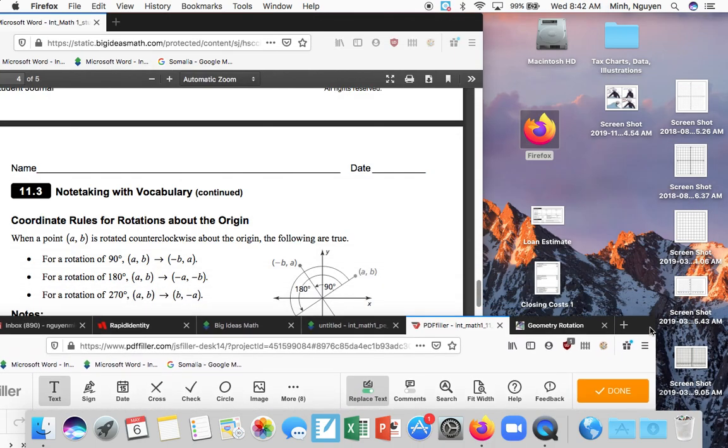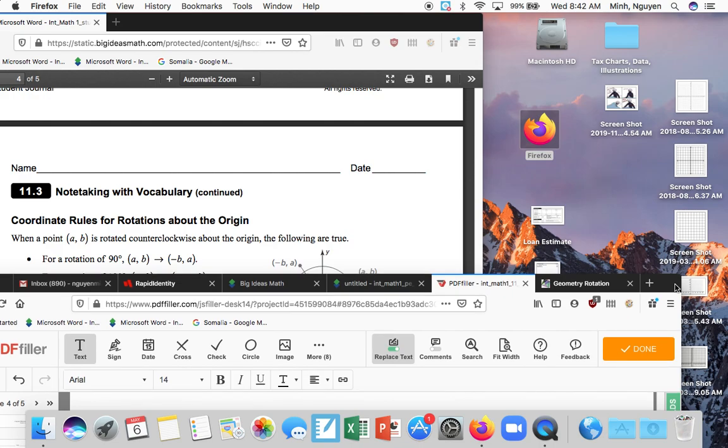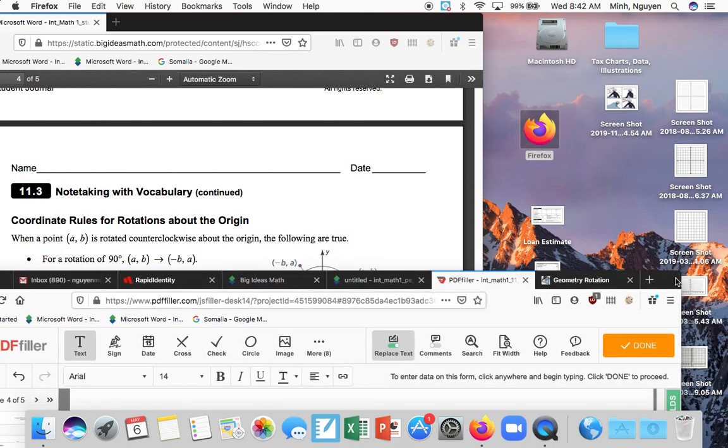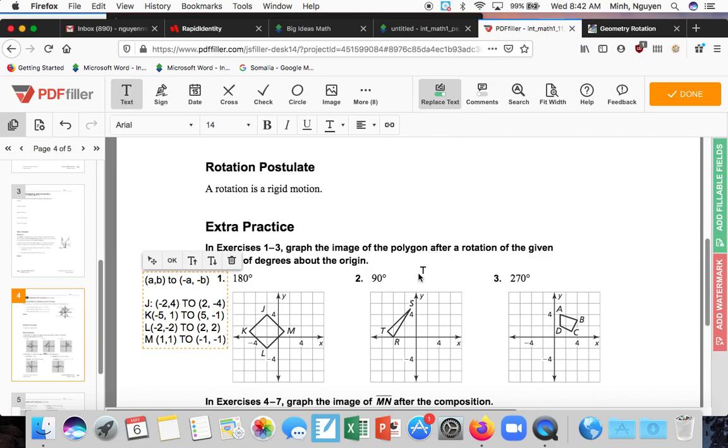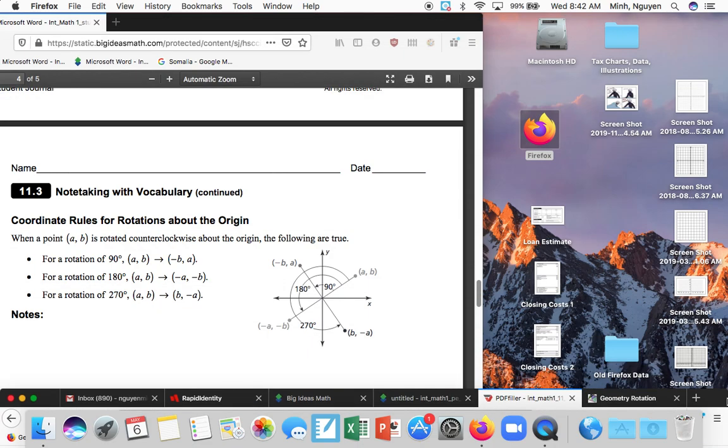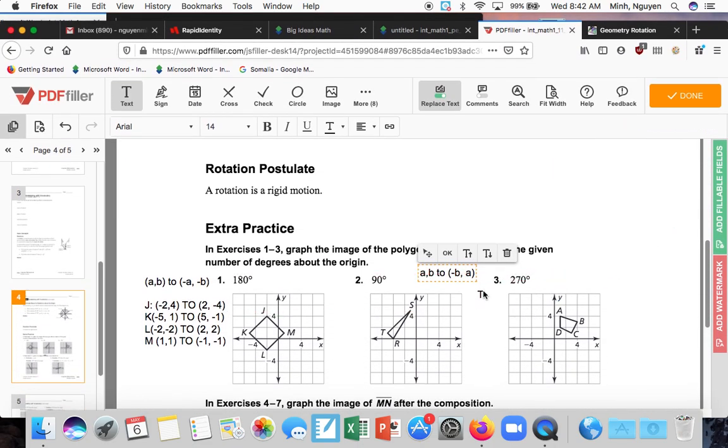Let's see. Let's do one where they switch the A's and B's slightly. Okay, so this one, a rotation of 90 degrees, the rule is (negative B, A). So let's do a rotation of 90 degrees, (A, B) to, sorry, (negative B, A). Is that it? Negative B, A, yeah. So for TRS, T is at negative 5, up 1, okay, negative 5, 1.